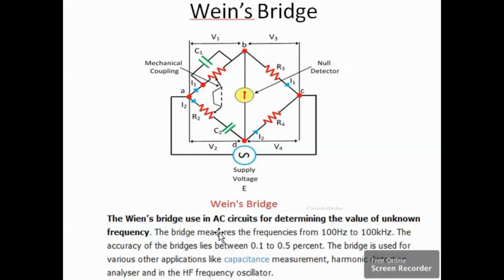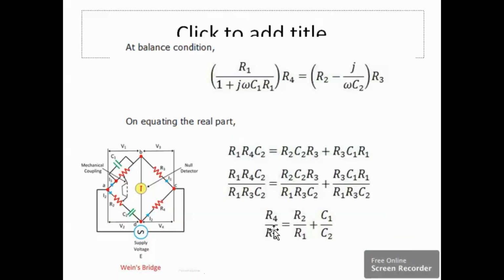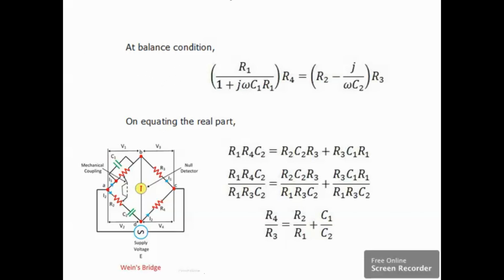This bridge is used in AC circuits for determining the value of unknown frequency. So we should know how it is used for measuring frequency. As we all know, the condition for balance is Z1 Z4 equals Z2 Z3.